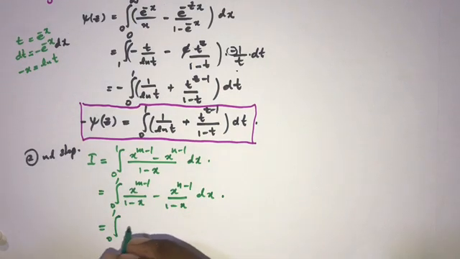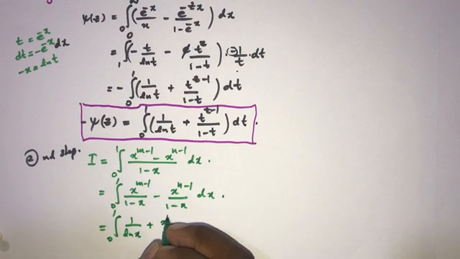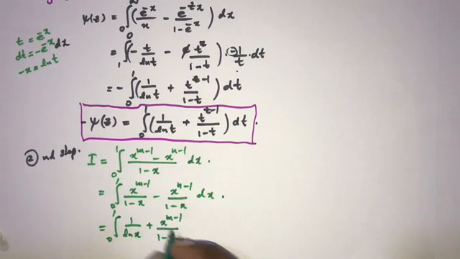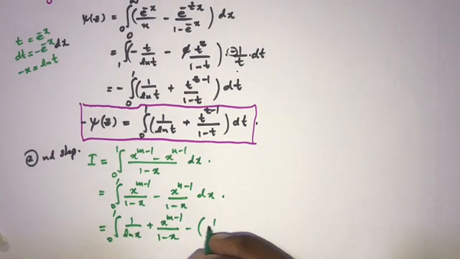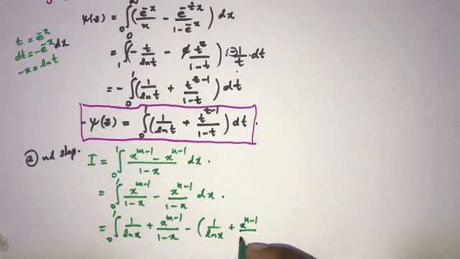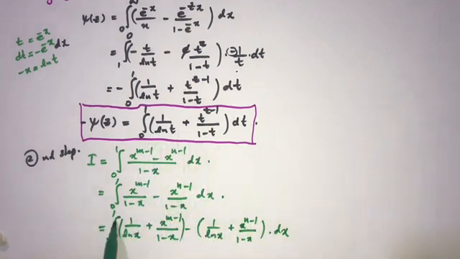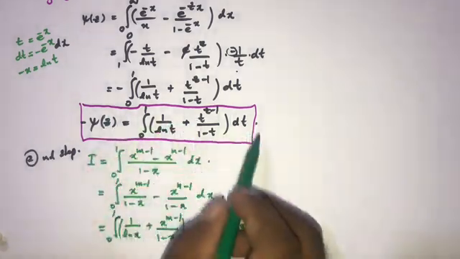So the integral from 0 to 1 of (1 over natural log of x plus x to the m minus 1 over 1 minus x), then subtract 1 over natural log of x, here minus, so plus x to the n minus 1 over 1 minus x, dx. Now this is familiar because it is the same as in this formula.